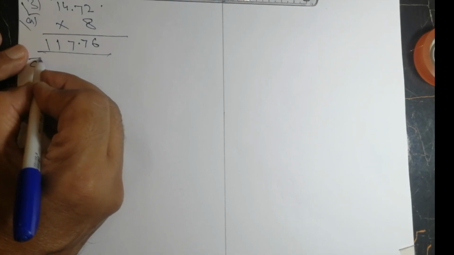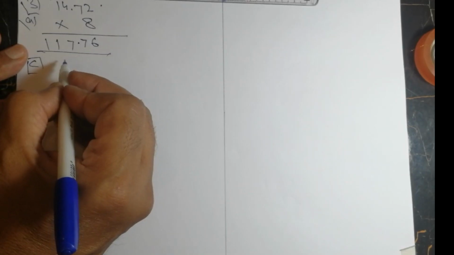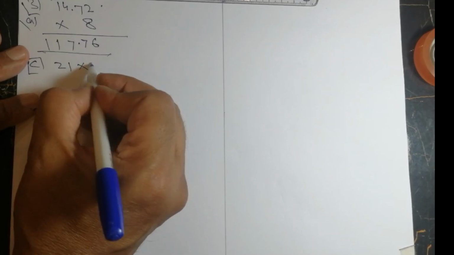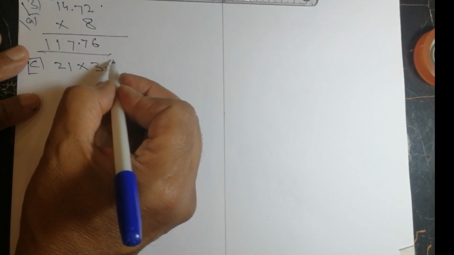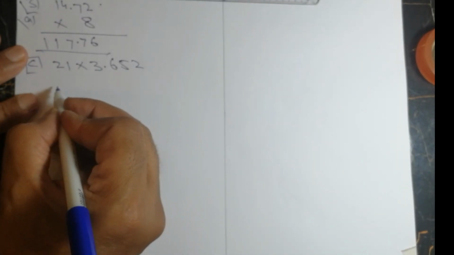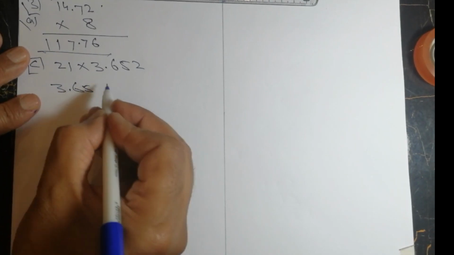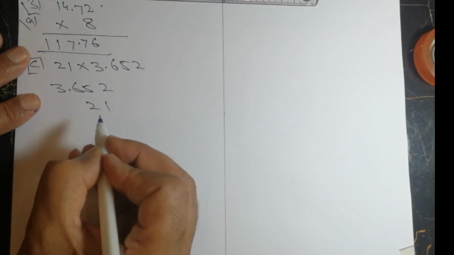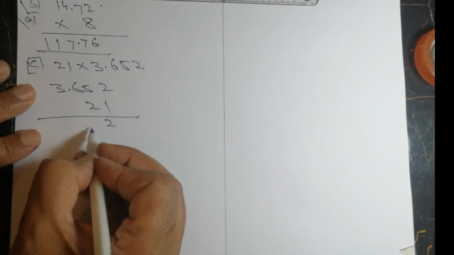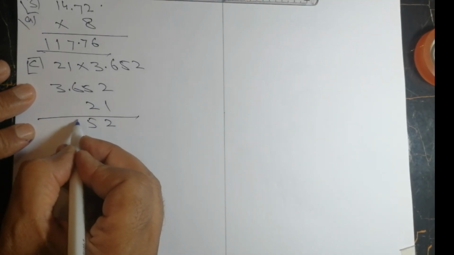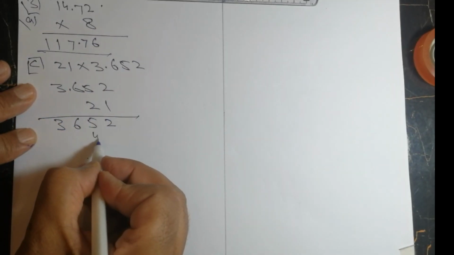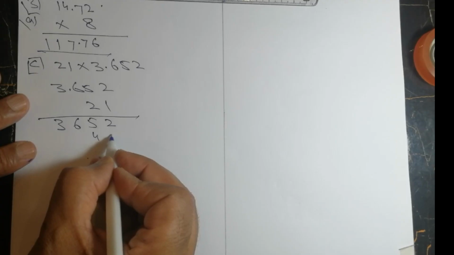Part C is 21 multiplied by 3.652. So 3.652 multiplied by 21. 2 ones are 2, 5 ones are 5, 6 ones are 6, 3 ones are 3, then 2 twos are 4. We will leave one place here.